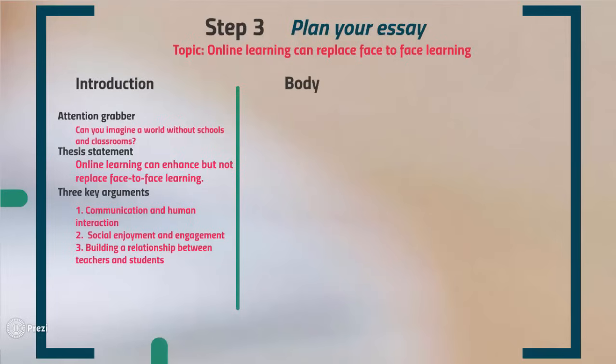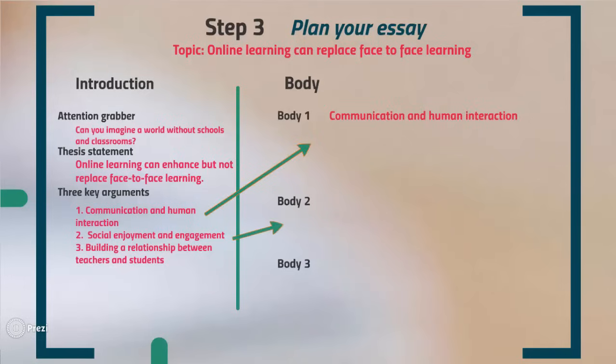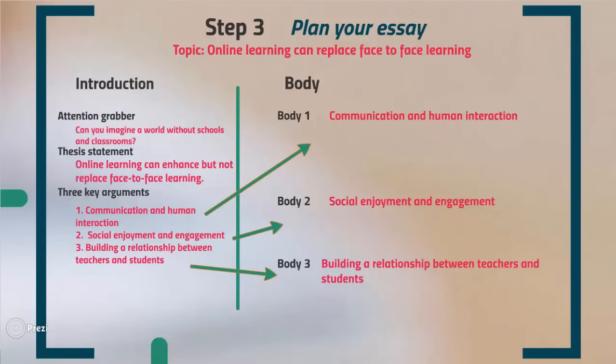The body for this essay includes 3 paragraphs: body 1, body 2, and body 3. And all I do is move my 3 key arguments to each of the body paragraphs. Now I just add evidence and examples.